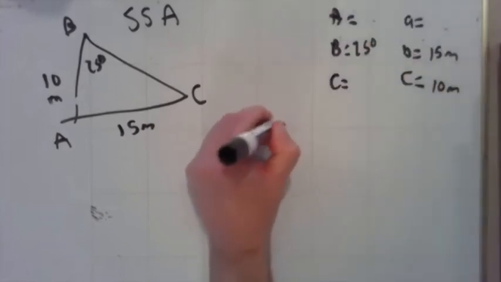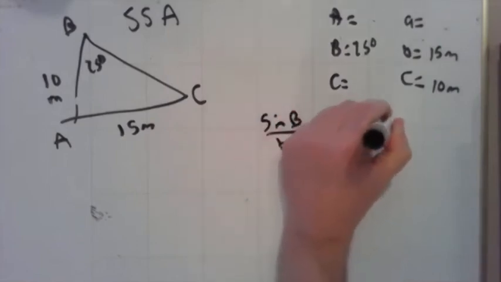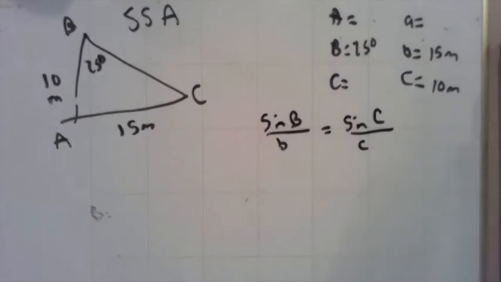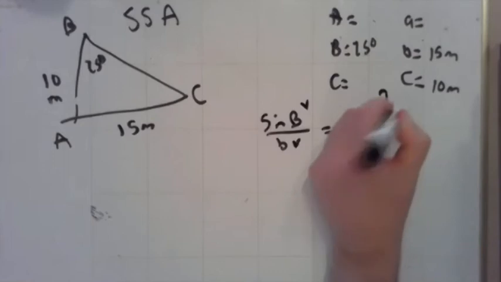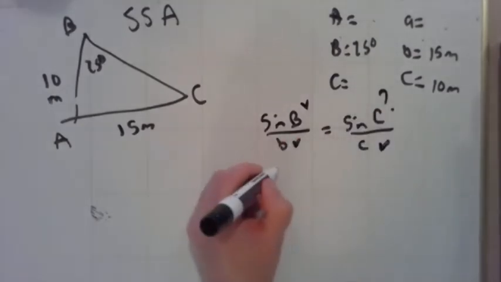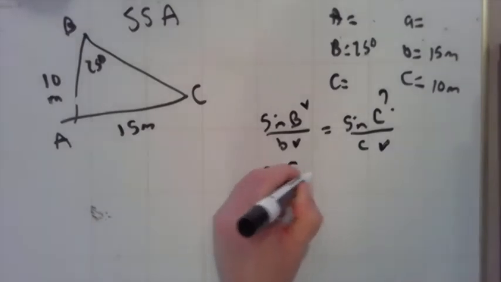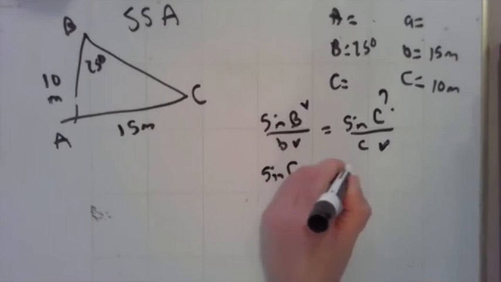So I have to do sine of B over b is sine of C over c. I know that, I know that, I know that. The only thing I don't know is capital C, the angle. So sine of capital C, I'm going to multiply this c up.